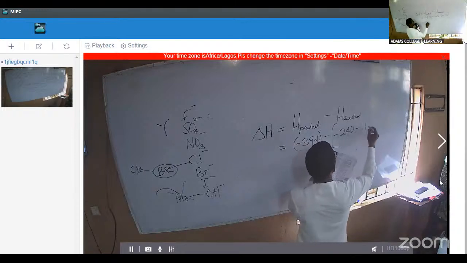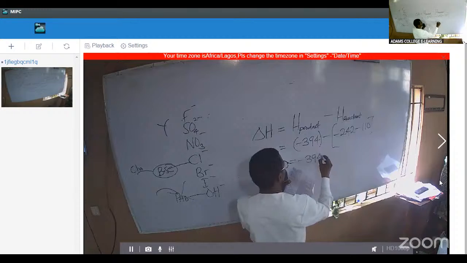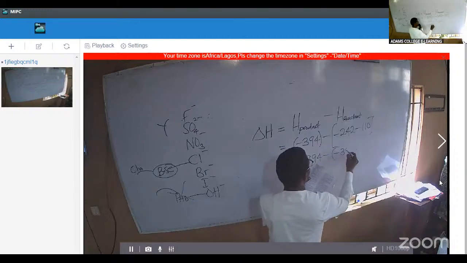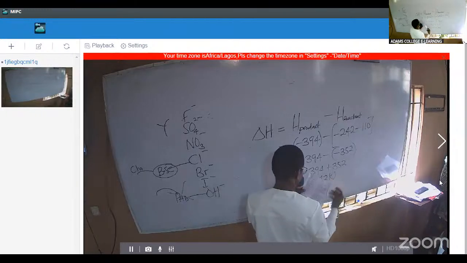So I have minus 394 minus these two, how much? 352. And I have minus 394 plus 352. What do you get? Minus 42 kilojoules per mole. That means the reaction is exothermic, abi.